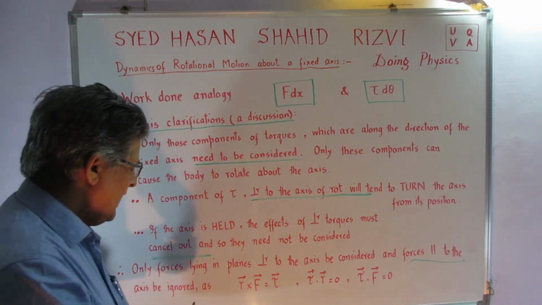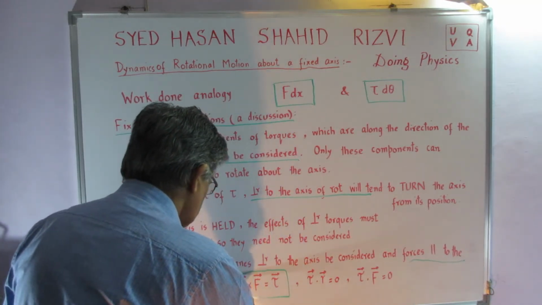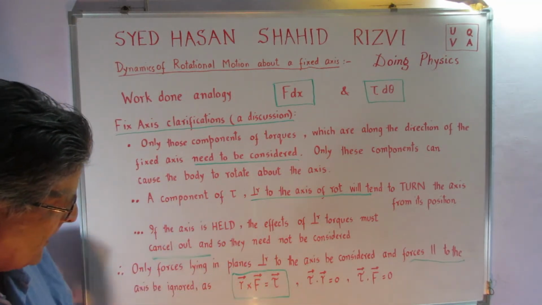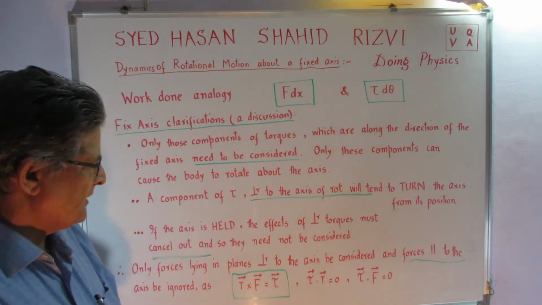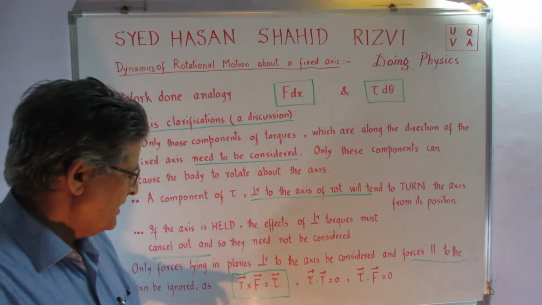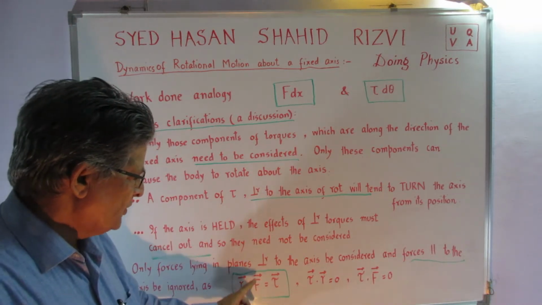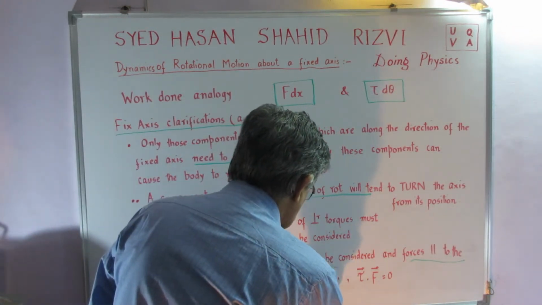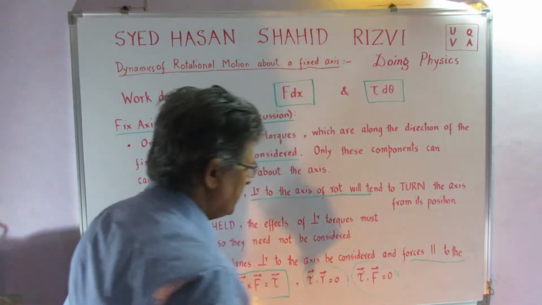If the forces are parallel to the axis, of course there is no contribution to the desired torque. As you can see, R cross F is the definition of torque. This is a cross product. The product is torque, and as per the definition, this new vector must be perpendicular to this vector as also this vector, so that the dot products, torque dot R and torque dot F, must be equal to 0.